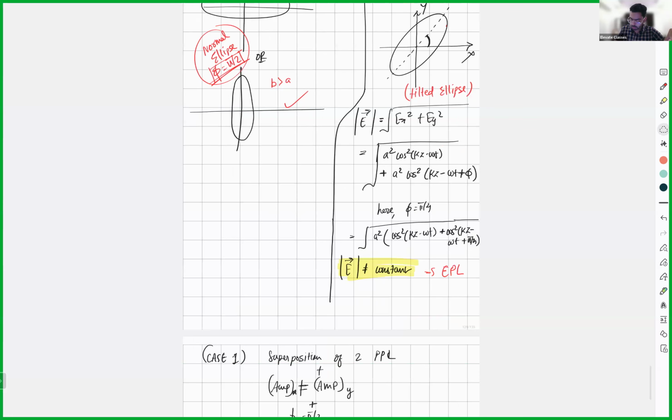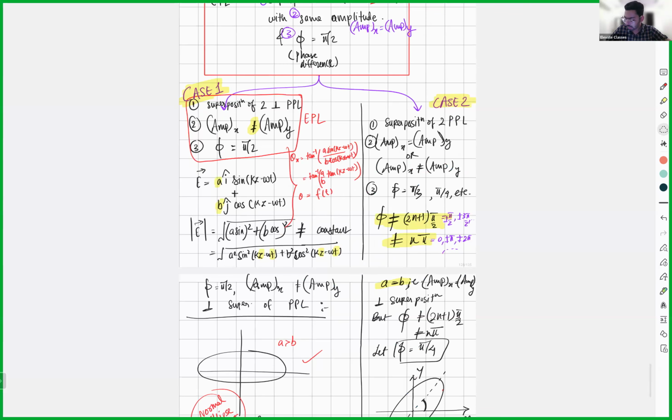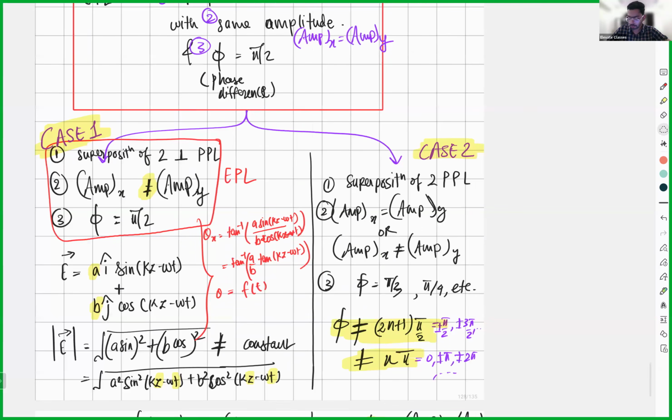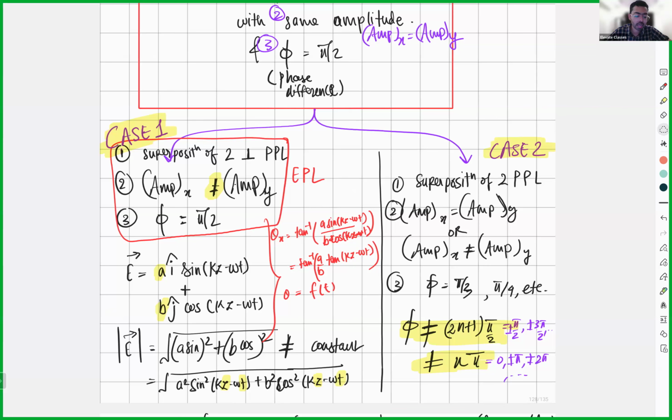So please write it down in your notes that these are the two ways in which you can prepare an elliptically polarized light. Okay, so these are the characteristics of elliptically polarized light. Also for elliptically polarized light, the magnitude will not be a constant. Magnitude will be a constant only for circularly polarized light. This is a distinguishing factor of all the polarizations.